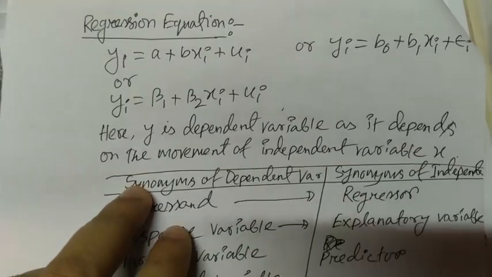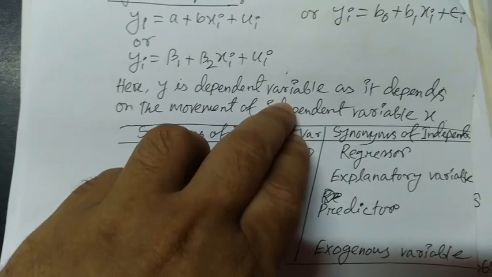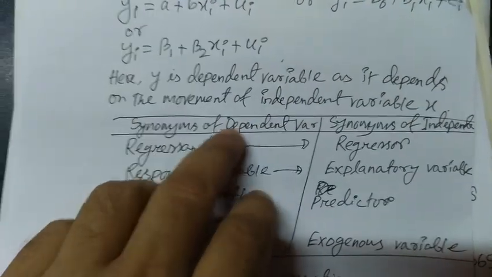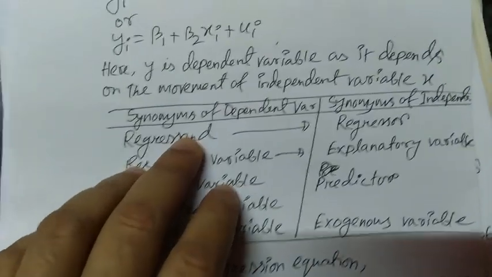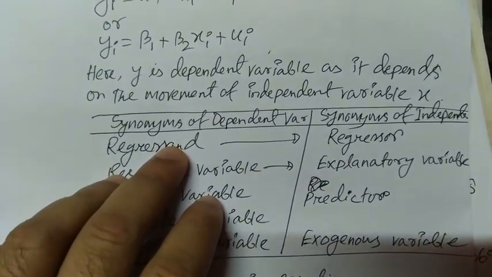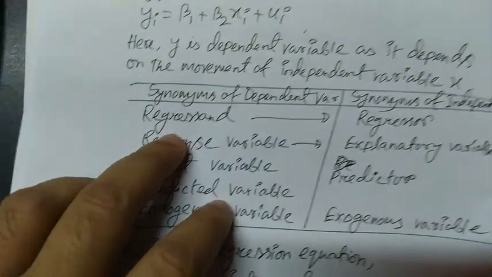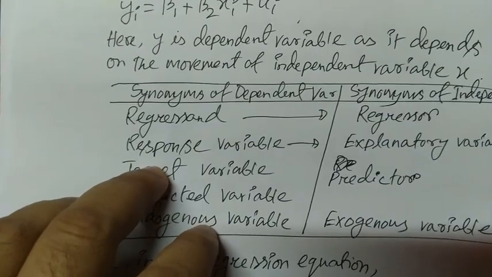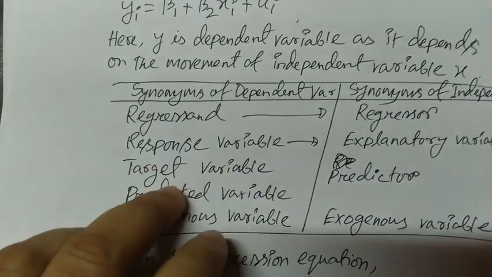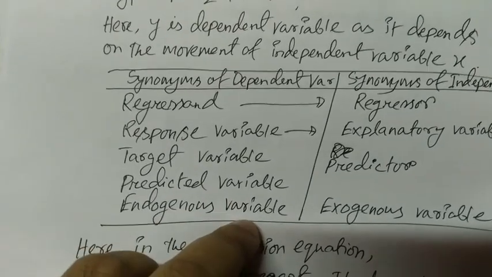So the regression equation we have already studied. Here y is the dependent variable as it depends on the movement of independent variable x. There are different synonyms of dependent variable and independent variable. Dependent variables are sometimes called regressand, response variable, target variable, predicted variable, endogenous variable.